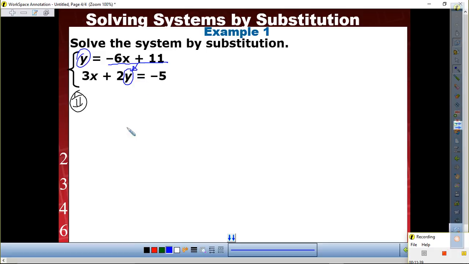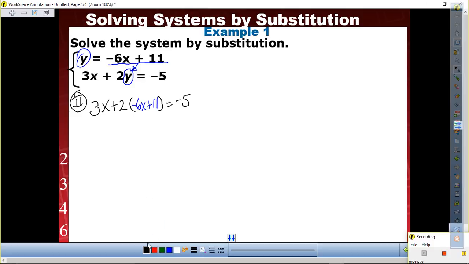Negative 6x plus 11. I'm going to just start 3x plus 2, open a parentheses. What goes inside of the parentheses? Negative 6x plus 11, equal to negative 5.